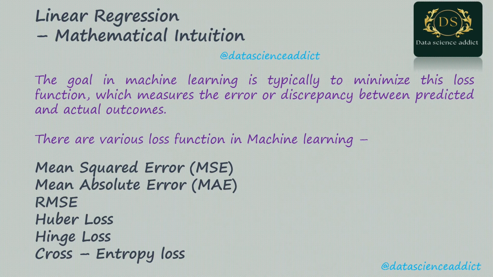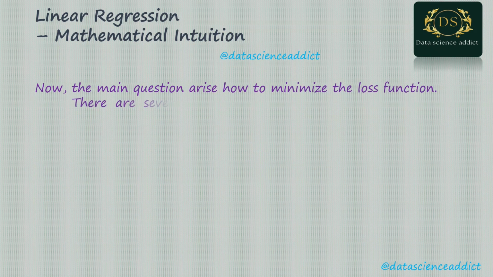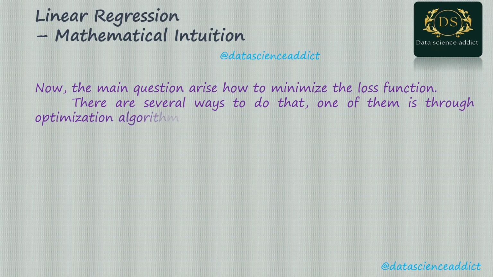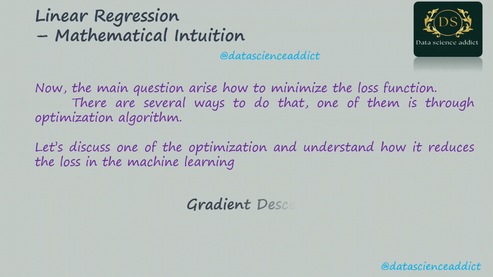Now the main question arises, how to minimize this loss function? There are several ways to do that, and one of them is through an optimization algorithm. Now let's discuss one optimization and understand how it reduces the loss in machine learning. Today we'll understand gradient descent and how it optimizes linear regression.